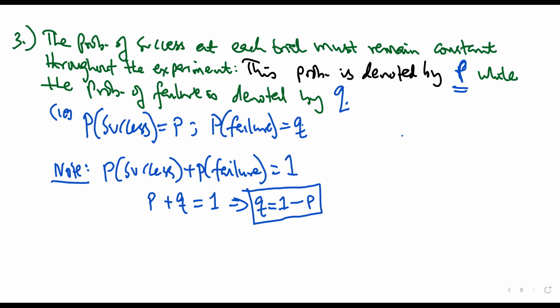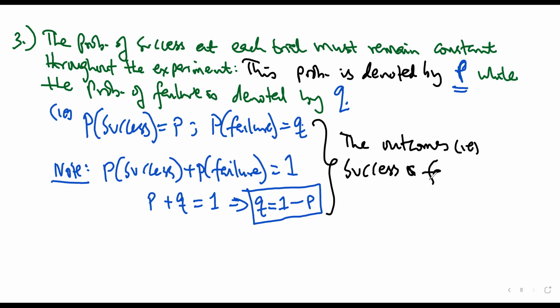So this property here means that the outcomes, that is success and failure, are collectively exhaustive.